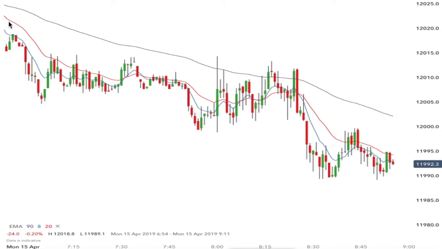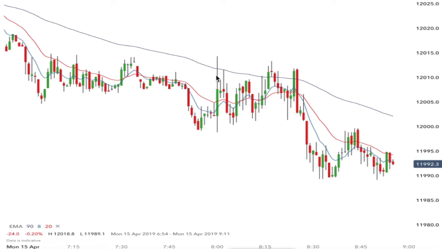So the market has been trading below the longer term exponential moving average, and that means that when price comes up to that moving average, it's likely that there's going to be a lot of supply at that level, and that's what happened.